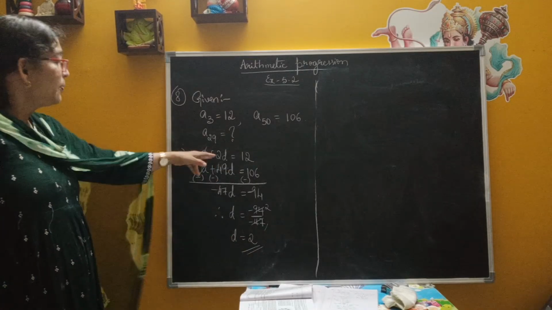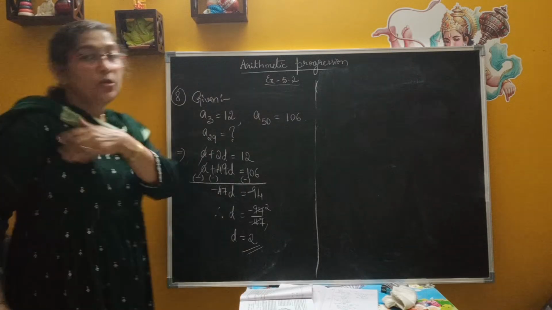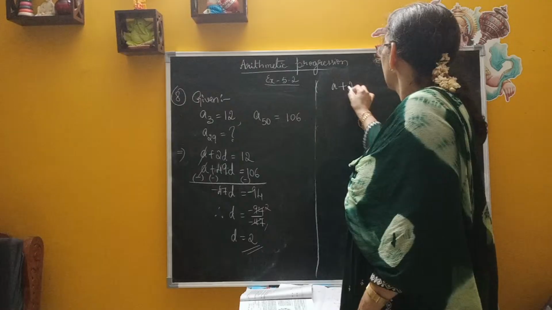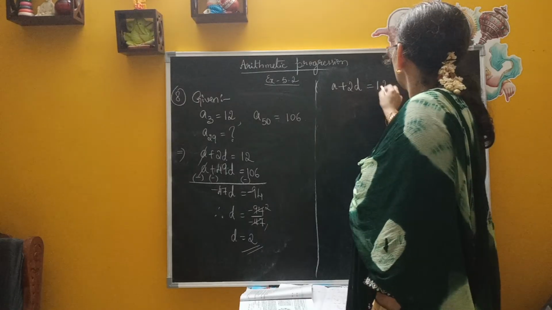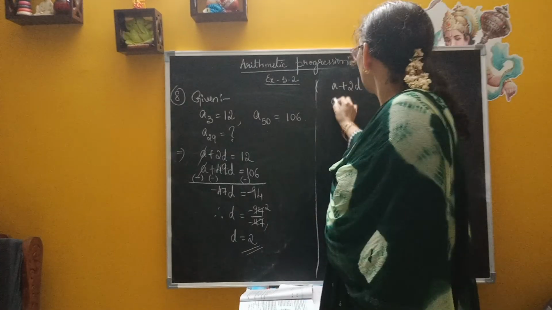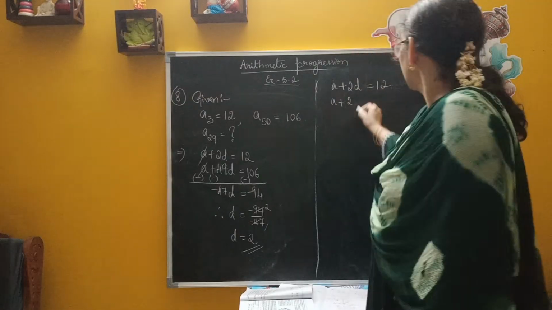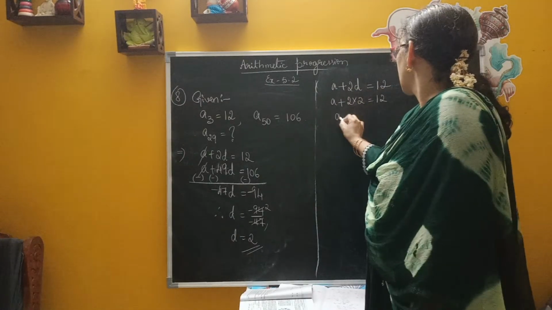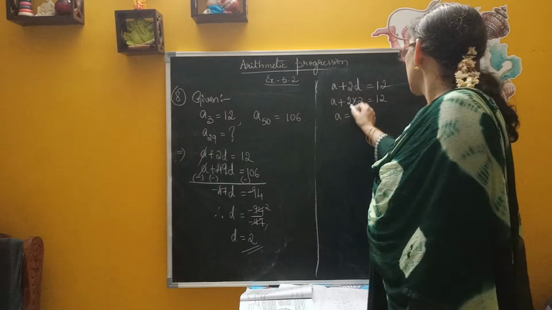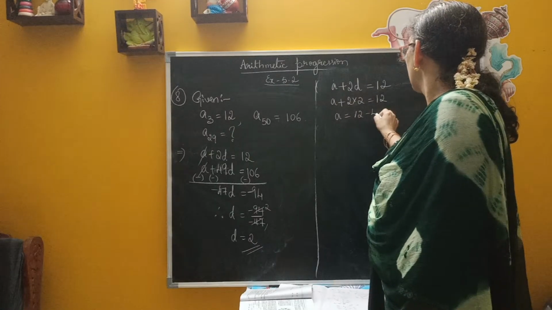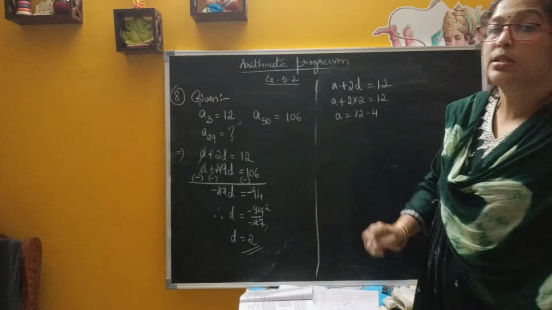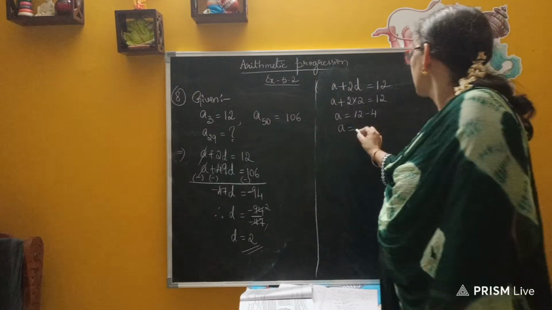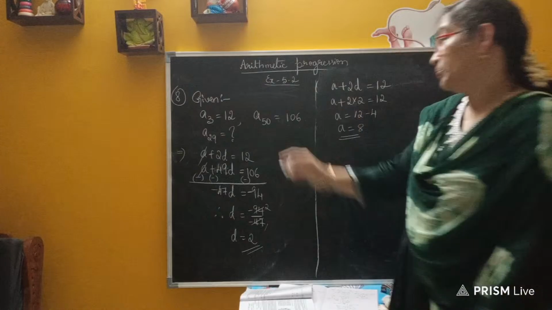A plus 2D is equal to 12. D value is 2. So A plus 2 into 2 is equal to 12. 2 twos are 4, so 12 minus 4 when I transpose to RHS. A is equal to 12 minus 4, how much? It is 8. A value is 8.